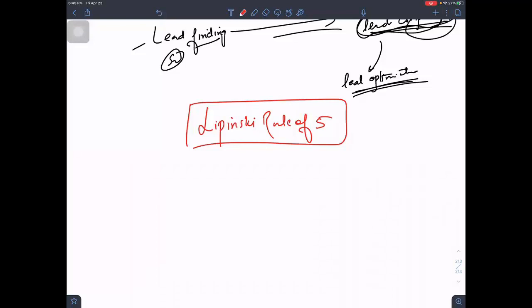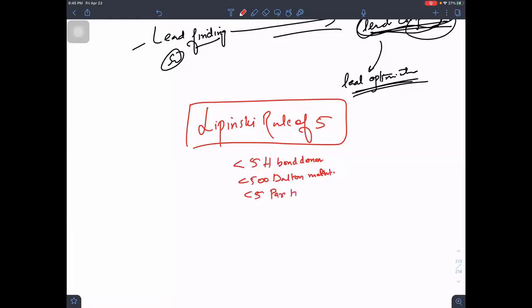Lipinski rule of five says it should have less than five hydrogen bond donors. It should have less than 500 Dalton molecular weight. It should have less than 5 partition coefficient log P.